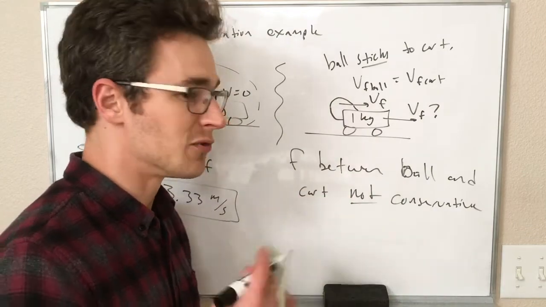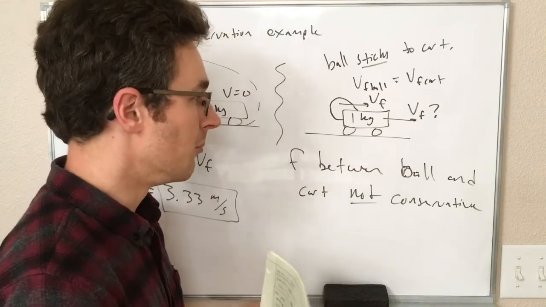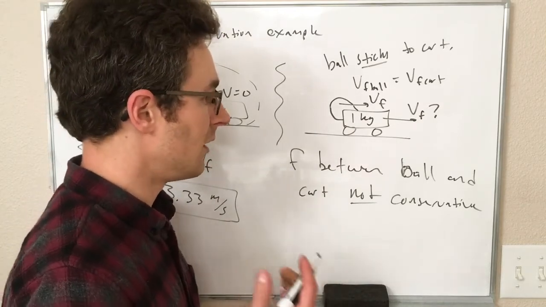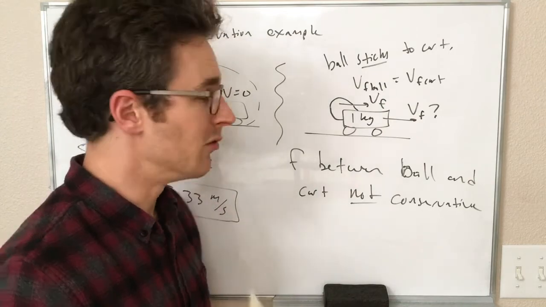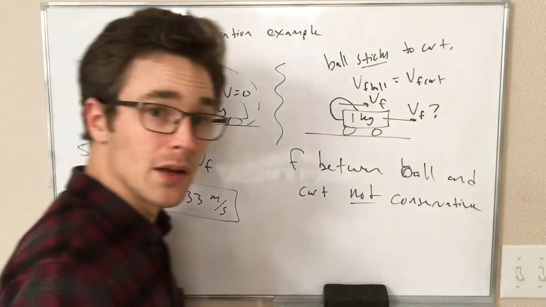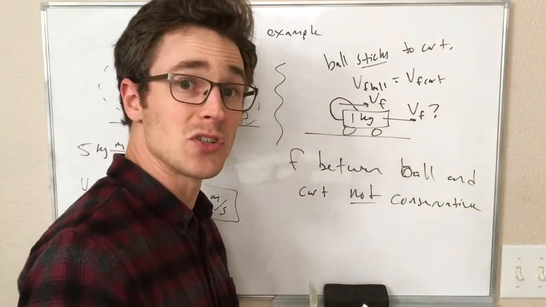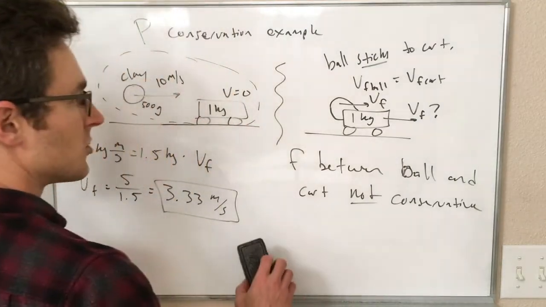So something that deforms and is not going to automatically spring back on its own, that is indicative of a non-conservative force, of a force where mechanical energy is going to be lost. And given that it sticks to it, we actually know enough to figure out exactly how much energy is lost. And I'll show you how.